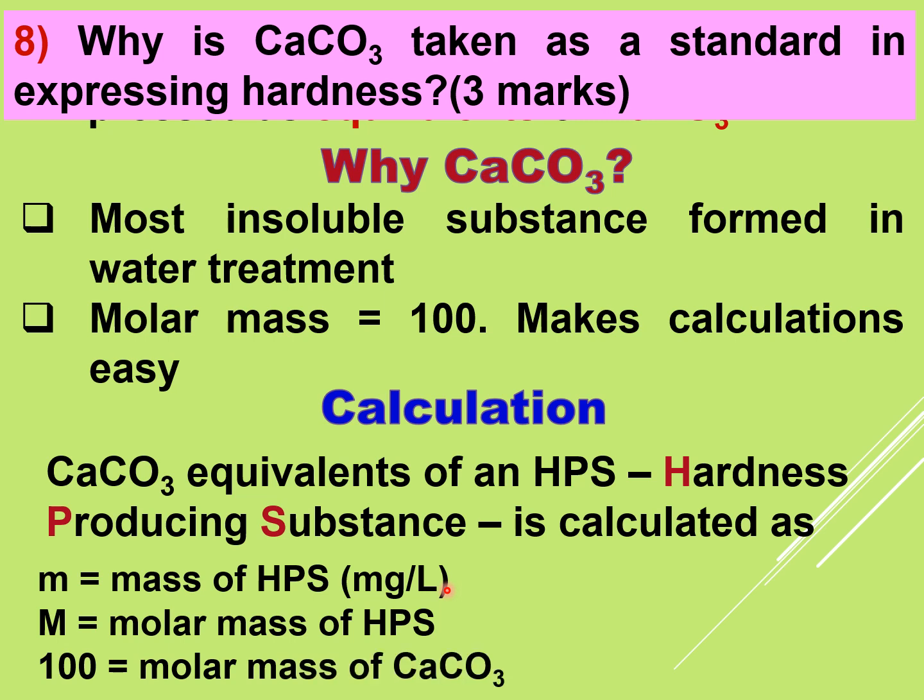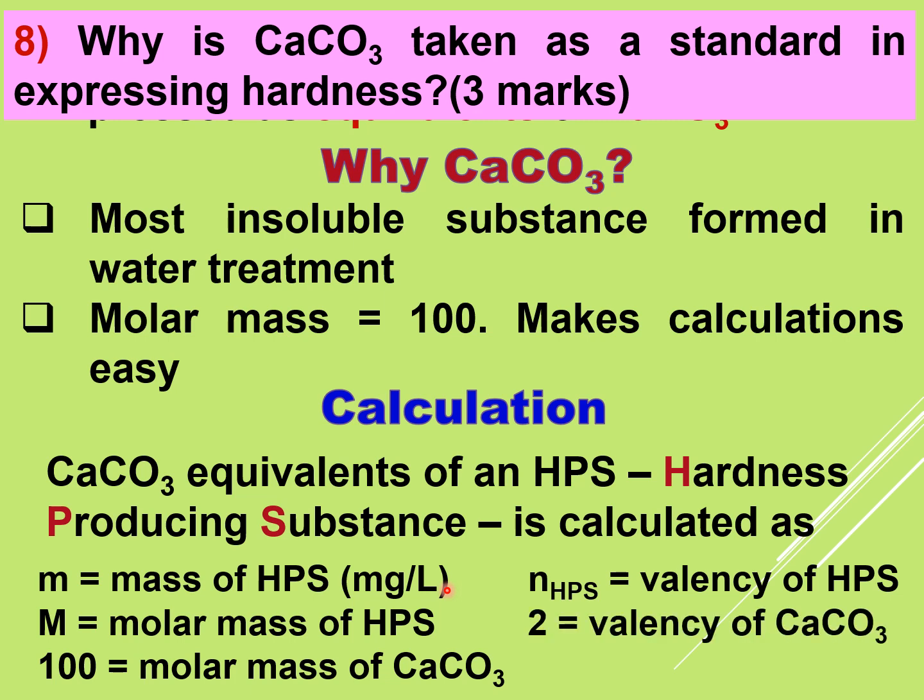100 is the molar mass of calcium carbonate. NHPS is the valency of the hardness producing substance, and 2 is the valency of calcium carbonate. Calcium carbonate, calcium has a valency 2, carbonate also has a valency 2. We will only look at the valency of the cation. Valency of the cation is taken here.